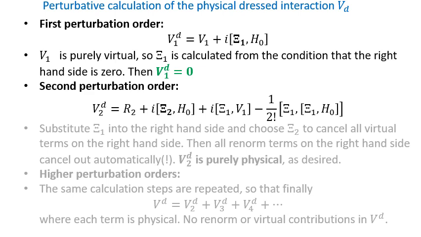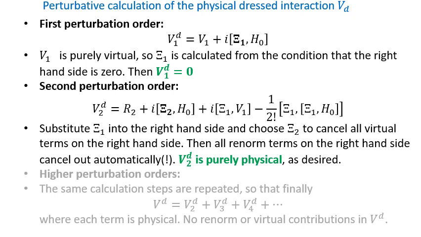In the second order, we have a more complicated equation. The operator Xi1 was obtained from the previous step, and all other operators on the right-hand side are known components of the QED Hamiltonian. The only exception is Xi2, which we are going to obtain.